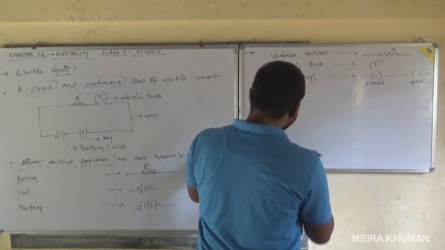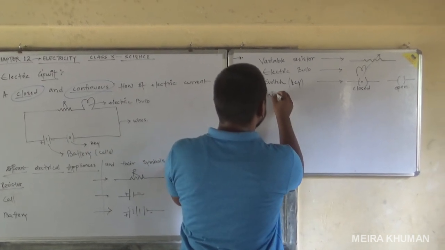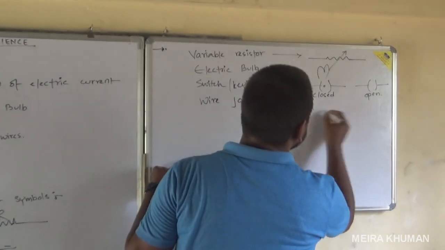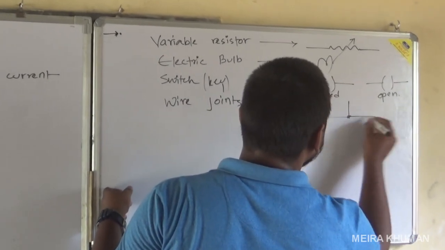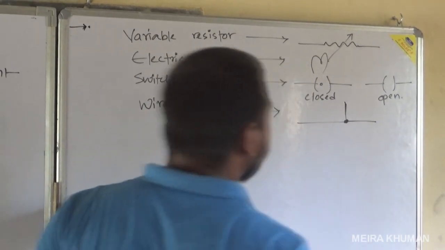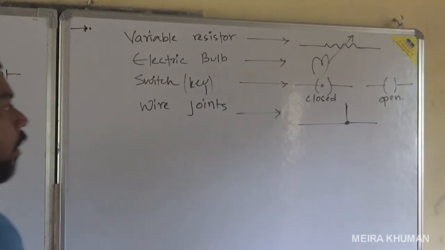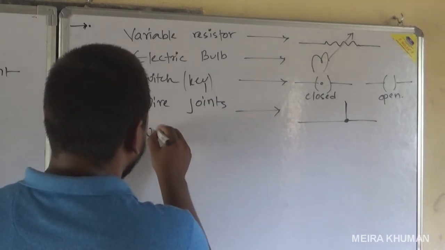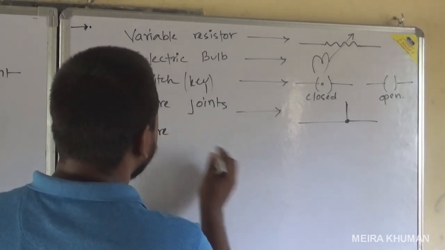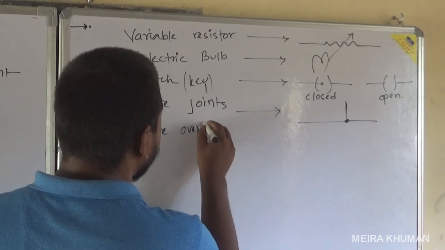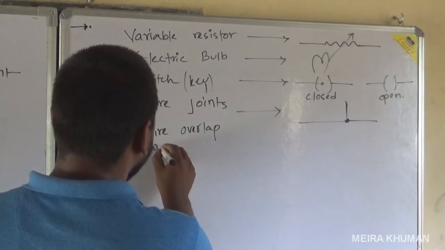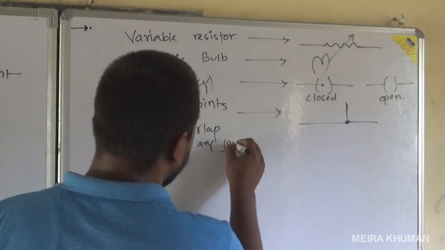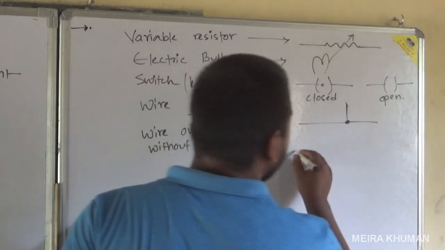Thereafter let us see wire joints. This will be a simple symbol for electric wire joints. When wires overlap each other without any joint, it will be symbolized as wire overlap without any joint.